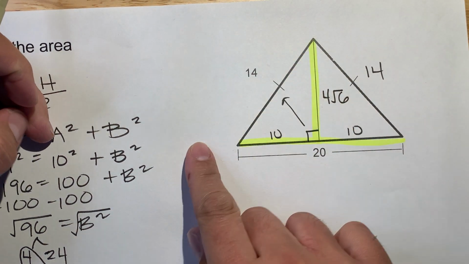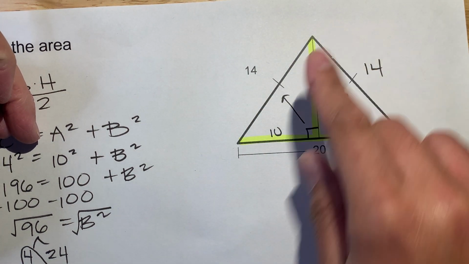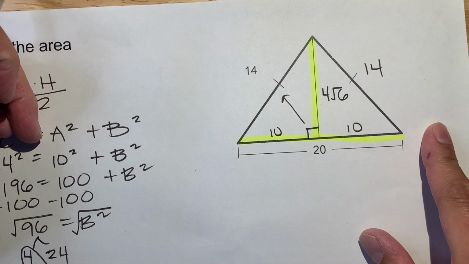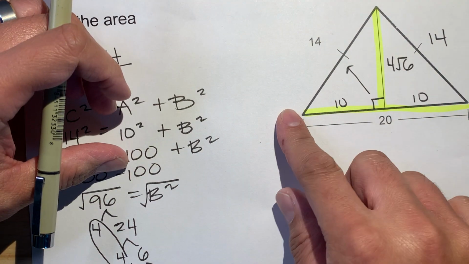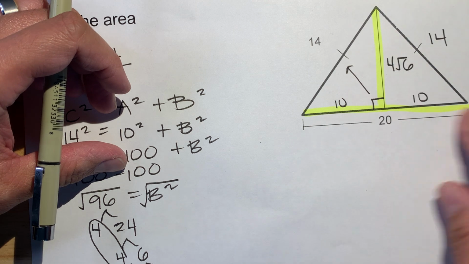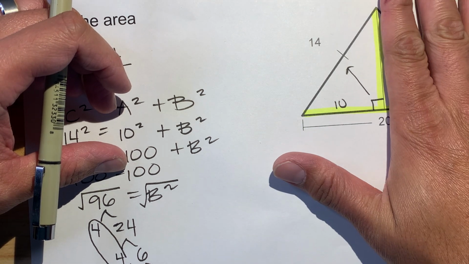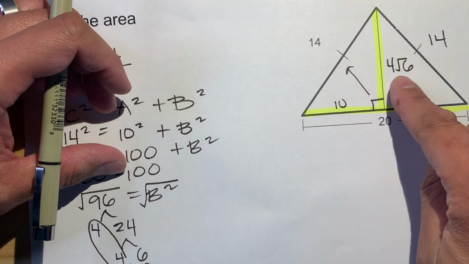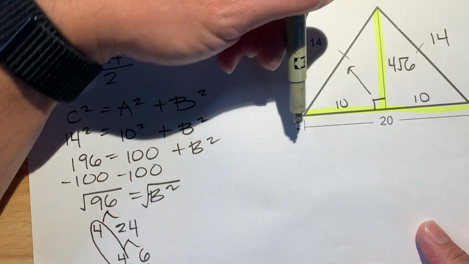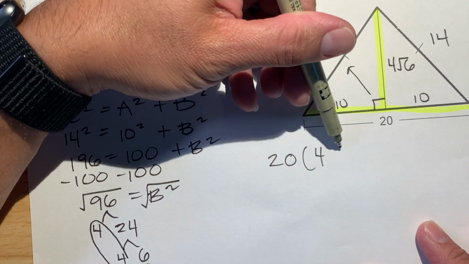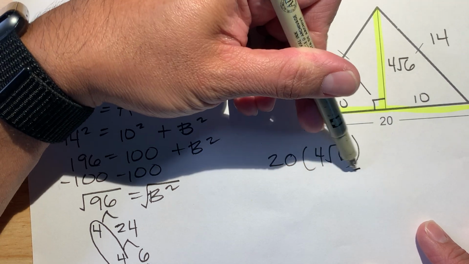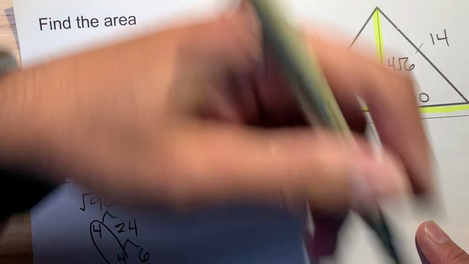Now we're going to find the area of this entire triangle. We have our entire base. To find our height, we cut it in half because we wanted a right triangle. Now we're going to go back to this triangle, which isn't a right triangle, but we used half of it to get a right triangle to get its height. So now we have our full base, which is 20, times 4 radical 6 over 2.